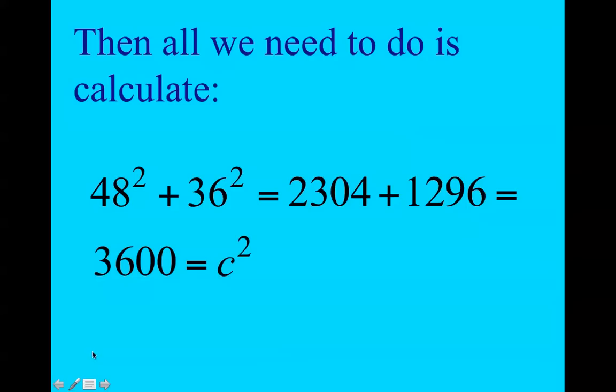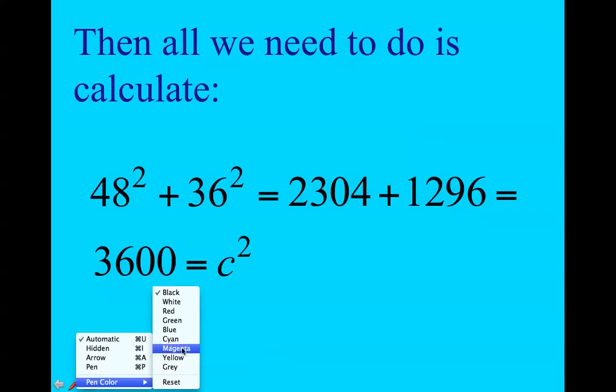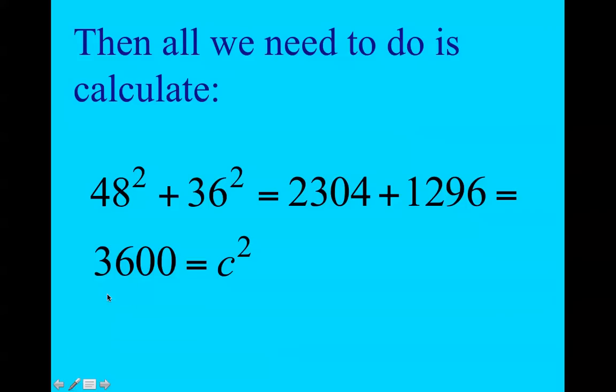But we're not finished. Are we looking for c squared? No, we're looking for c. So let me turn my pen on and draw my triangle. I know that this was 2,304 and this was 1,296. I need to know what c is, not c squared. So how am I going to get rid of that square symbol?